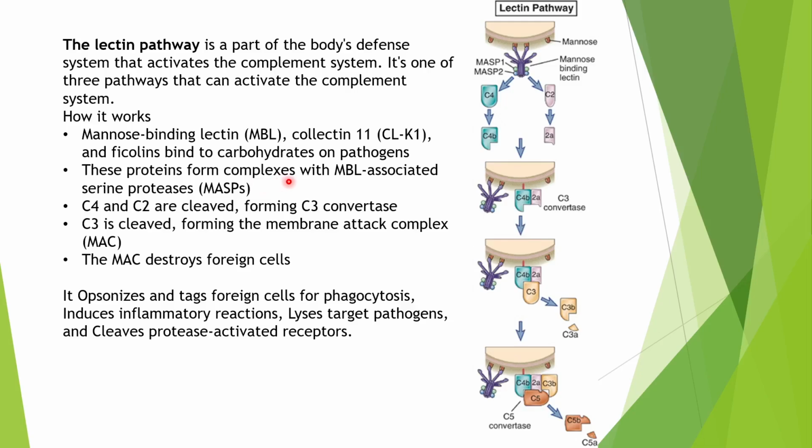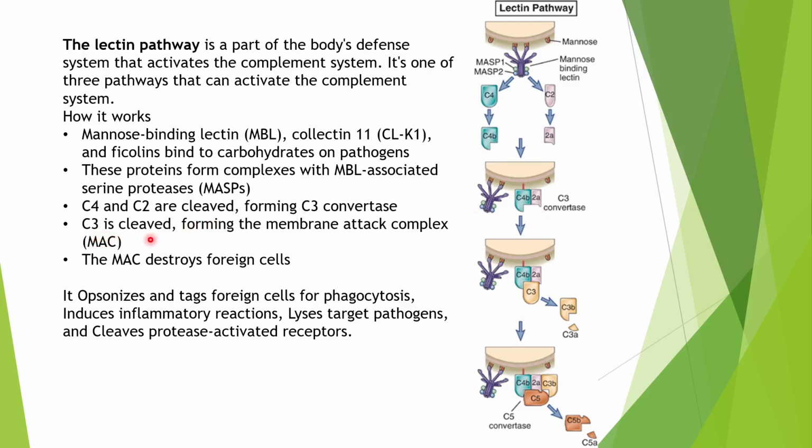These proteins then form a complex with the MBL associated serine proteases. These are called MASPs, MBL associated serine proteases. Then again we have C4 and C2 that are cleaved. Similar to the classical pathway, we have the C4b2a complex formation, which is a C3 convertase.